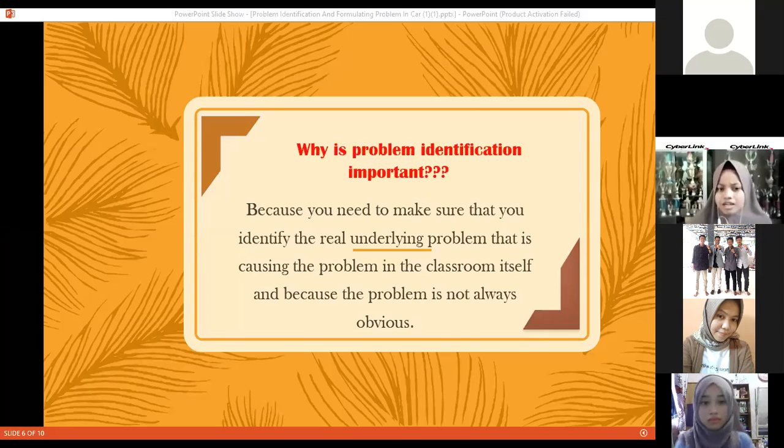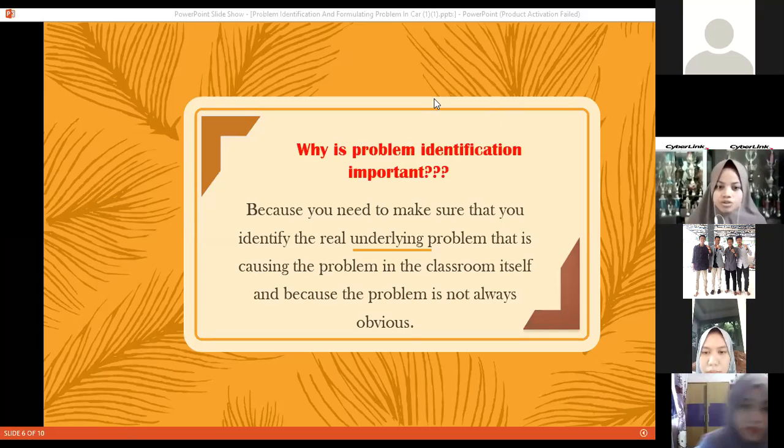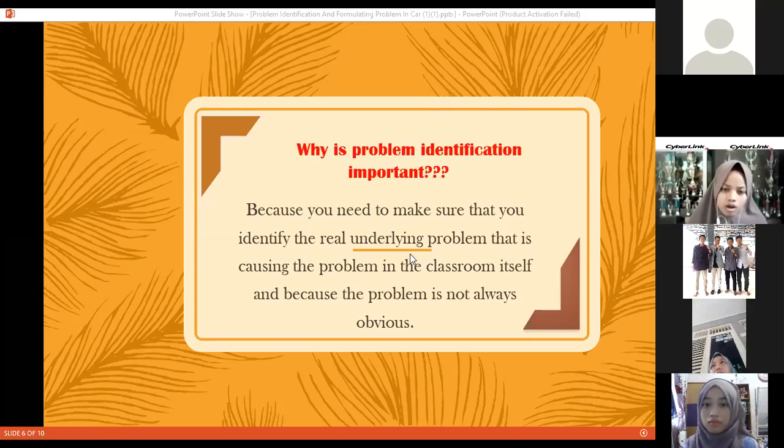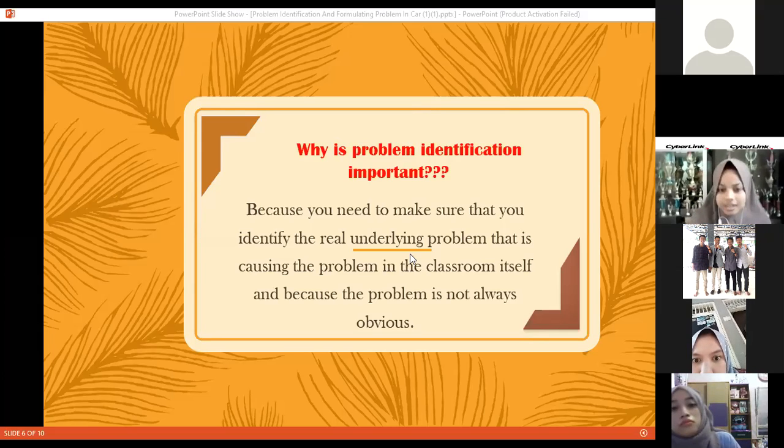Therefore, before doing anything, it is important to identify what problems exist in the area. After that, the sources of the problem and how it relates to existing theories must also be identified.